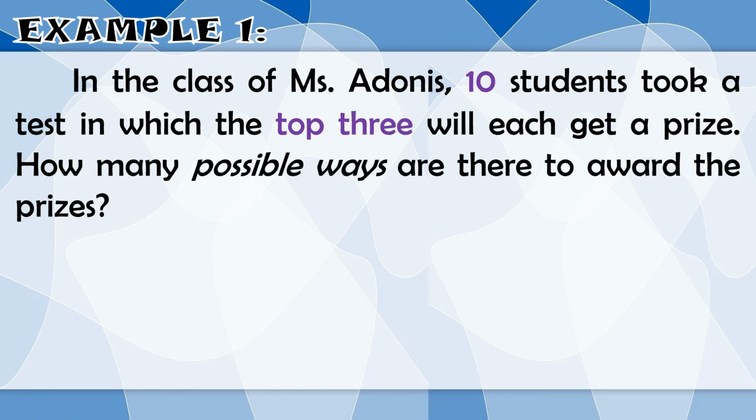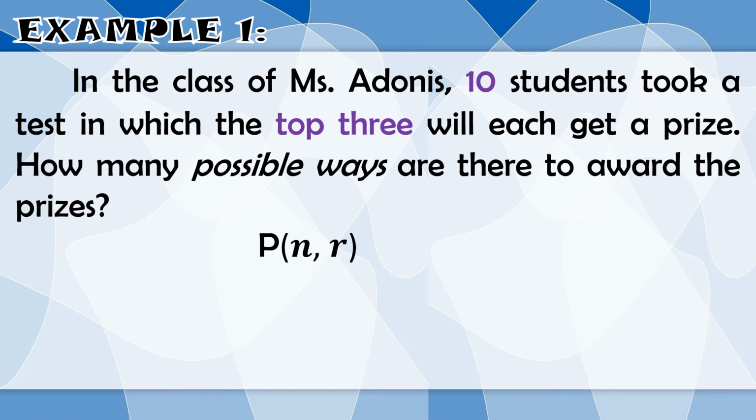So let's have problem solving involving permutations. Example number 1. In the class of Miss Adonis, 10 students took a test in which the top 3 will each get a prize. How many possible ways are there to award the prizes? So this is a permutation, so we have to use the formula of permutation of n and r.